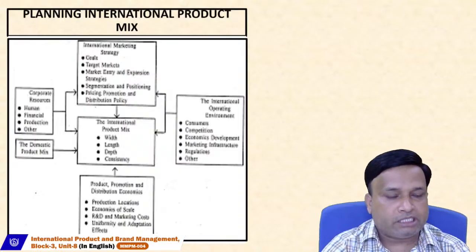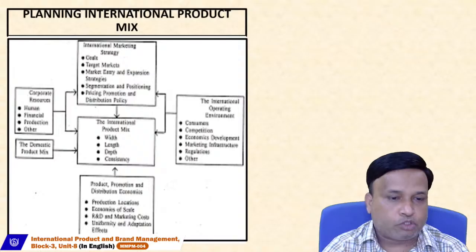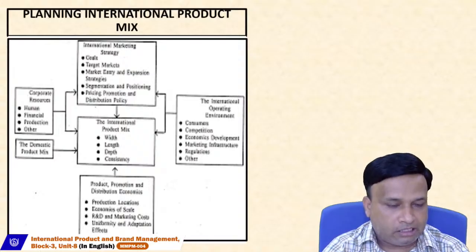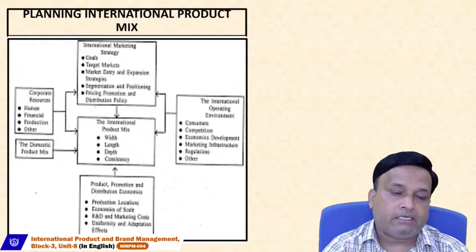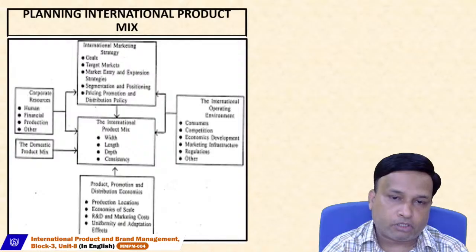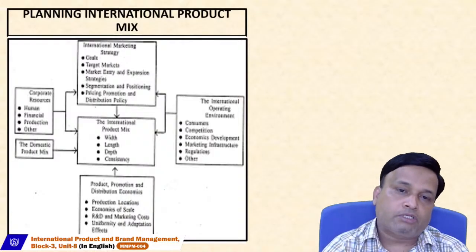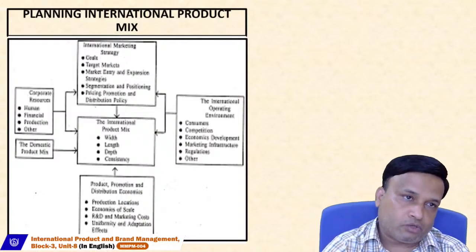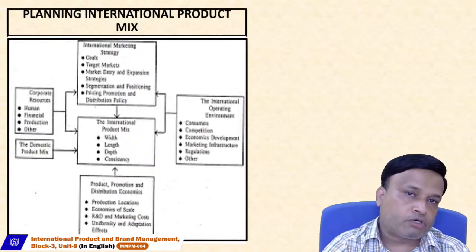Then your product mix includes width, length, depth, and consistency, product promotion, distribution, production economies and economies of scale, R&D, which all come under deciding your product. Then international operations: you are talking about the awareness level, competition, and so on. So all these points taken into consideration make your product mix.